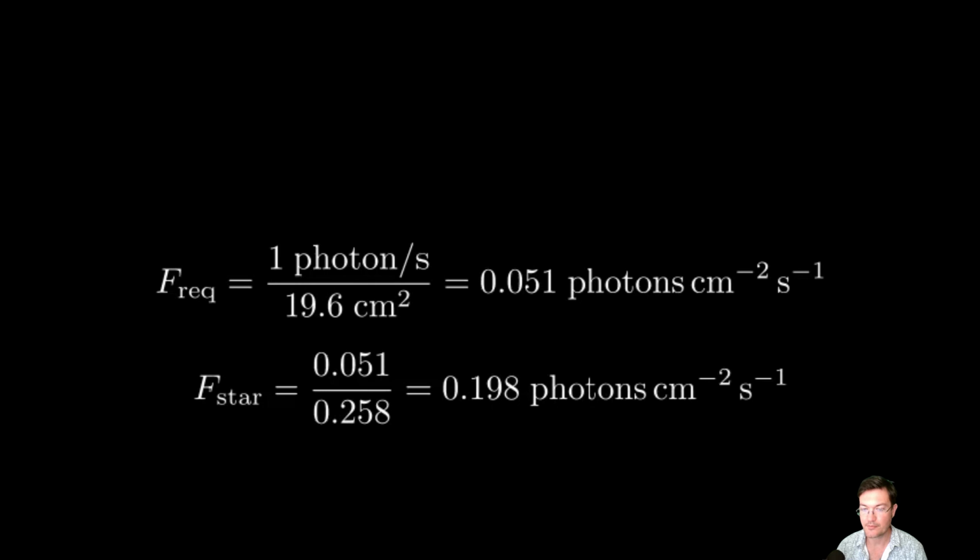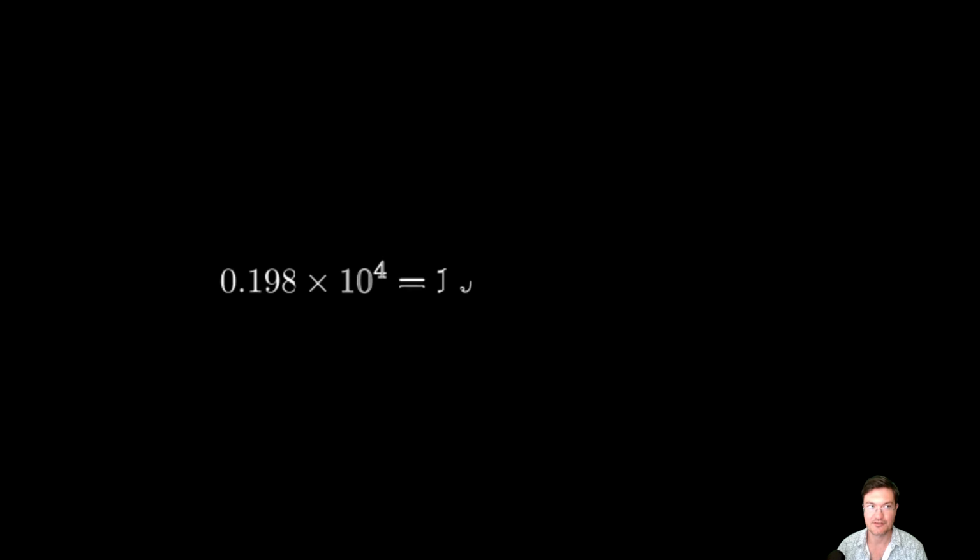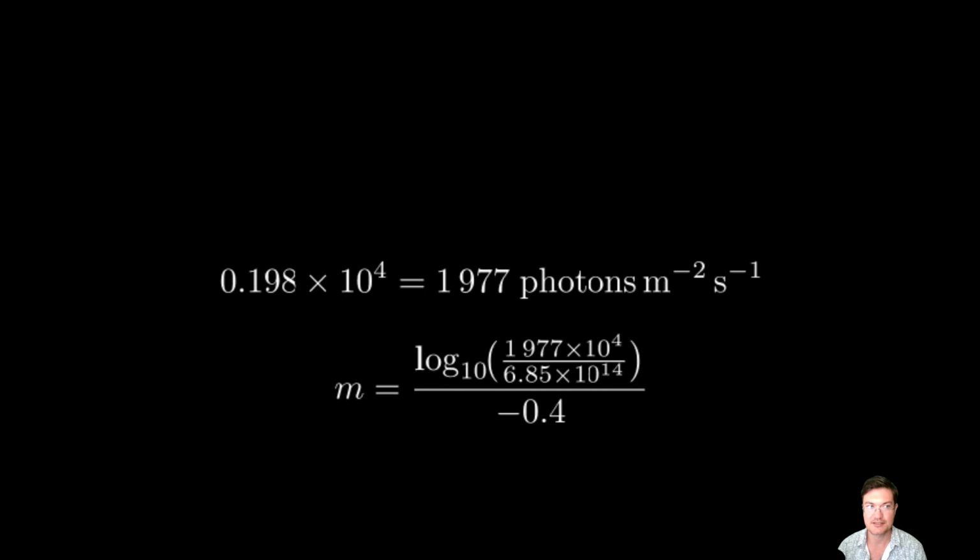You've got to divide through by that stellar fraction of the photons that are visible from the star. So that gives us just under 0.2 photons per square centimeter per second. Scaling it up to meters per second, that gives us just under 2,000 photons per square meter per second. And now what we can do is rearrange our previous equation and solve for magnitude.